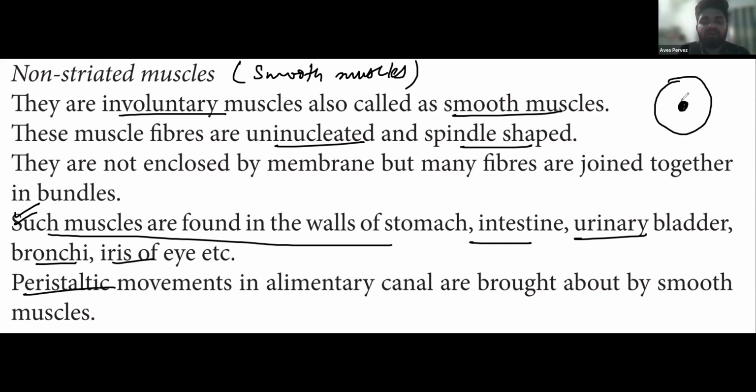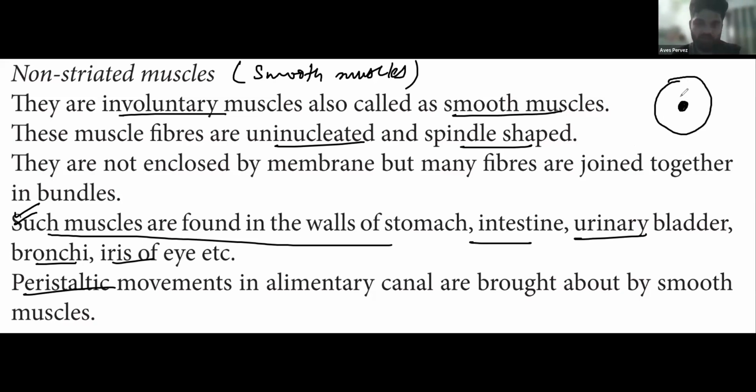But in bright sunlight, the iris decreases the opening of the pupil, the darkest black spot, so a low amount of light will enter our eye.